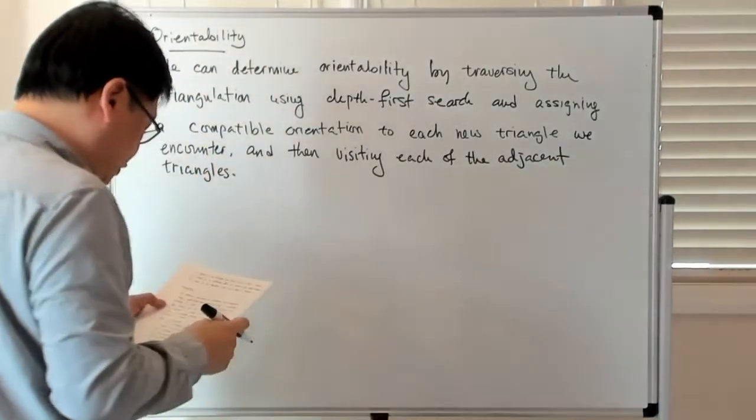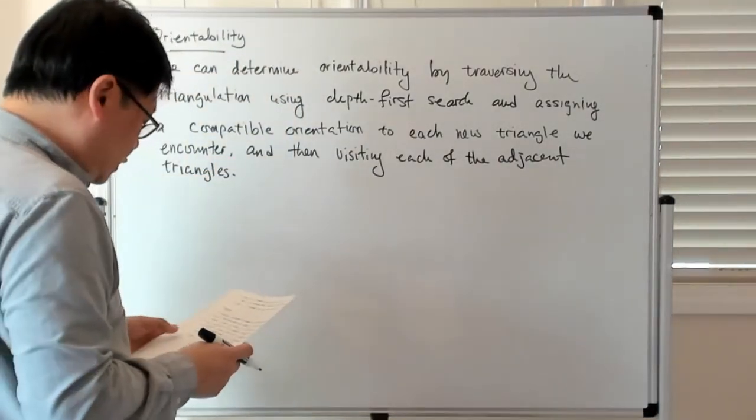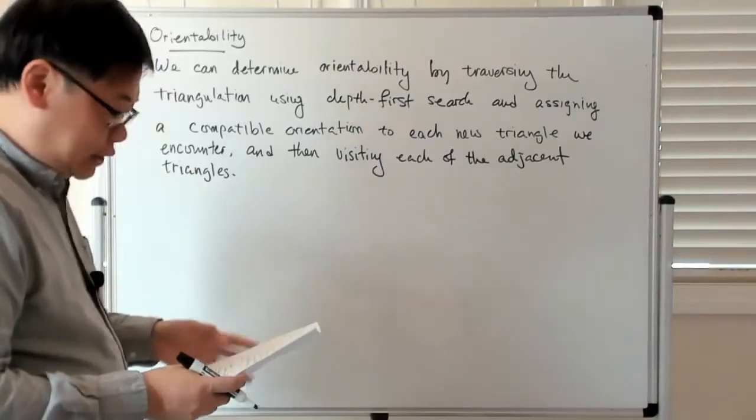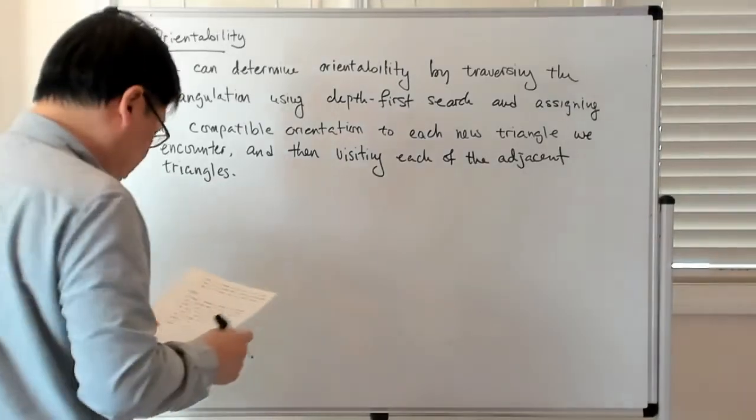So if you encounter a triangle which has already been visited and therefore already has an assigned orientation, then you have to check whether it's compatible. Okay.